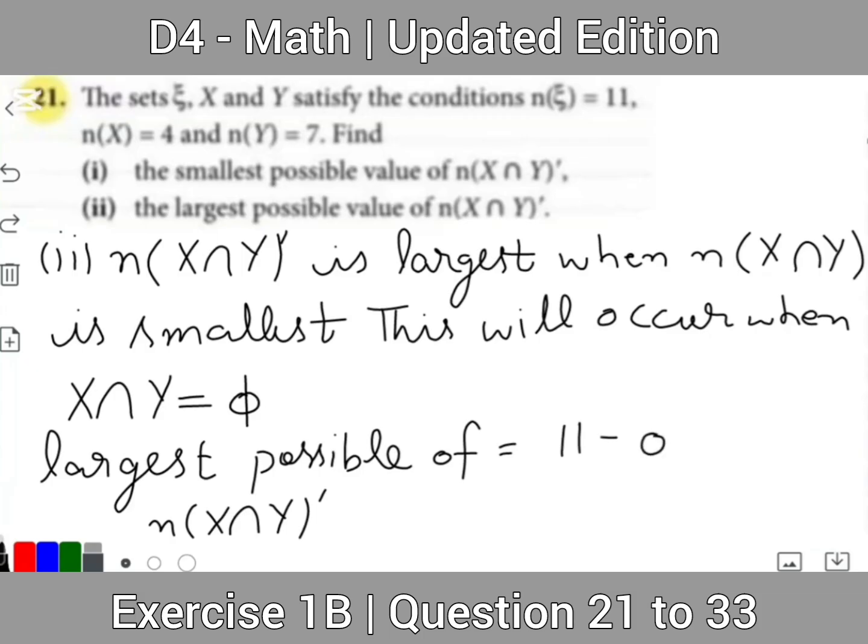We have 0 here just because the number of elements in the set X intersection Y is equal to 0. So we just write it down like 11 minus 0, and the answer is 11. So the largest possible value of n of (X intersection Y) whole complement is equal to 11.